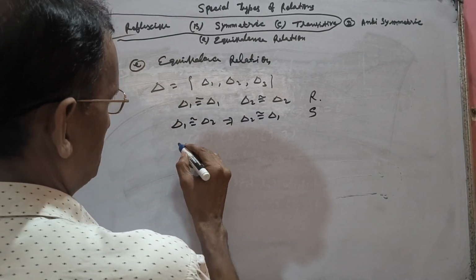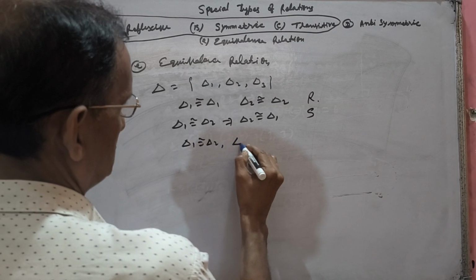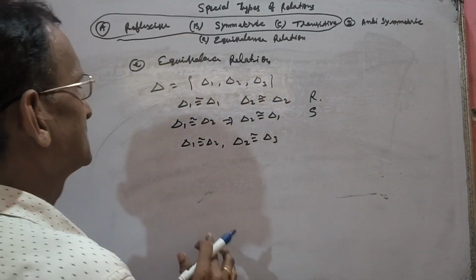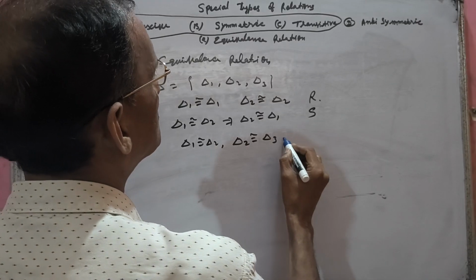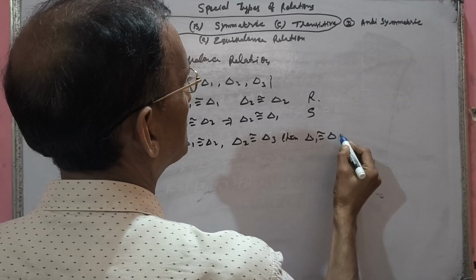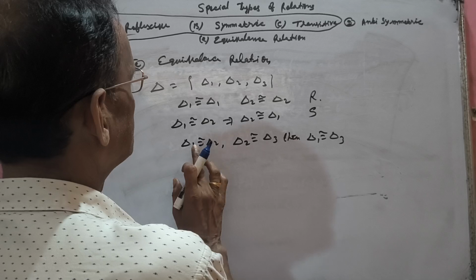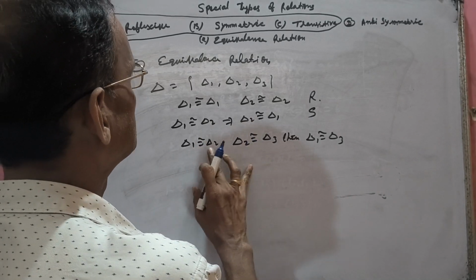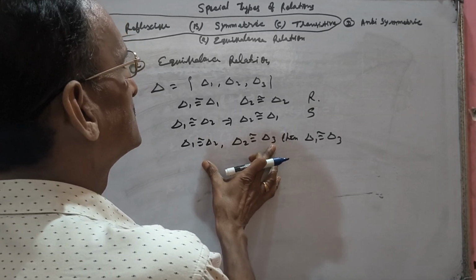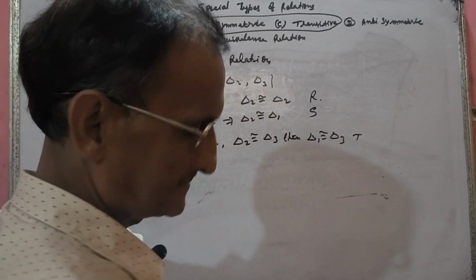If triangle 1 is congruent to triangle 2, and triangle 2 is congruent to triangle 3, can we say triangle 1 will be congruent to triangle 3? Yes. So it is transitive, so it is an equivalence relation.